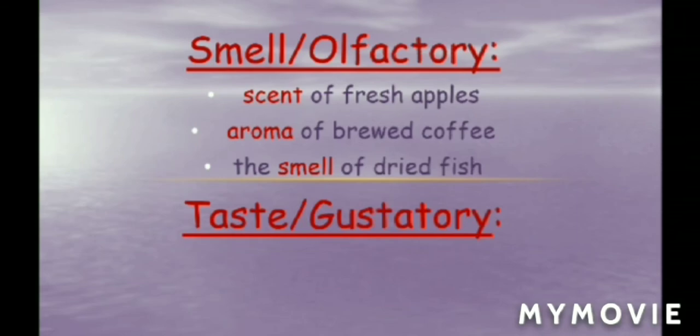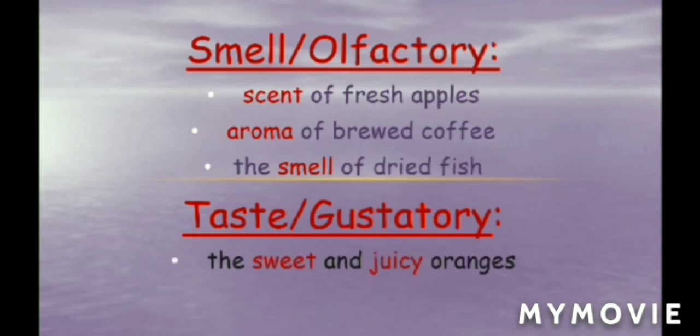Imagery that appeals to the sense of taste is called gustatory imagery. Examples: the sweet and juicy oranges, the spicy hot salsa. Sweet, juicy, spicy, and hot refer to the sense of taste.